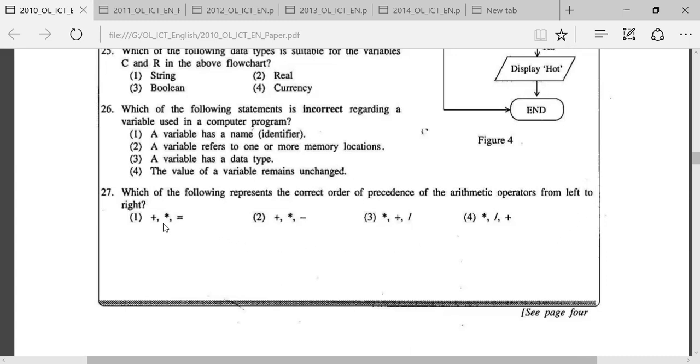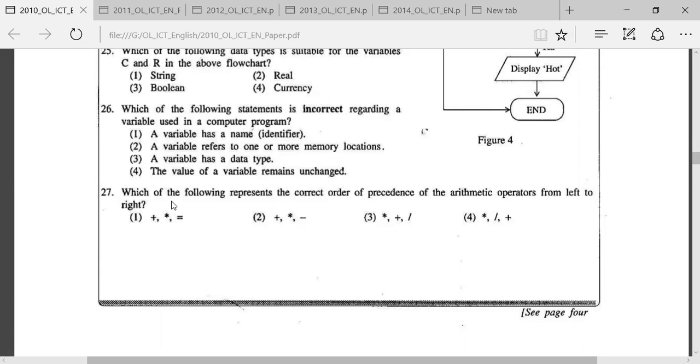You have addition, multiplication, subtraction, multiplication, addition, division, multiplication, division, addition, right? So there's a clear statement, order of precedence.